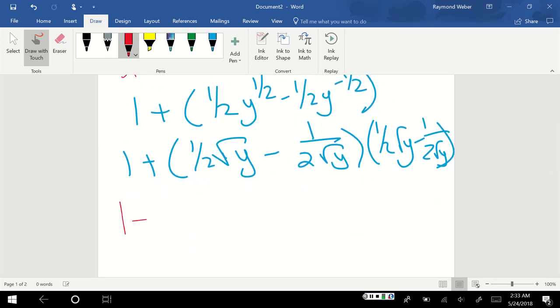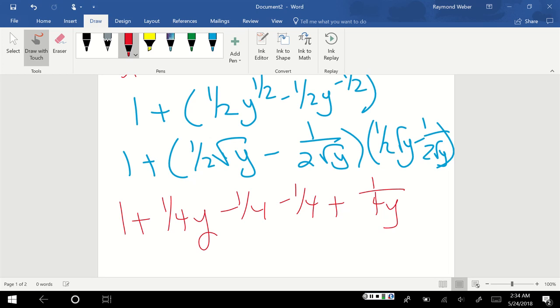I'm going to get 1 plus, let's see here, 1/4 y, the two radicals will cancel out. And then here, the y squared, so I'm going to get negative 1/4 and another negative 1/4. Finally, a plus 1 over 4y. Okay, so then this plus this, that's 1 half.